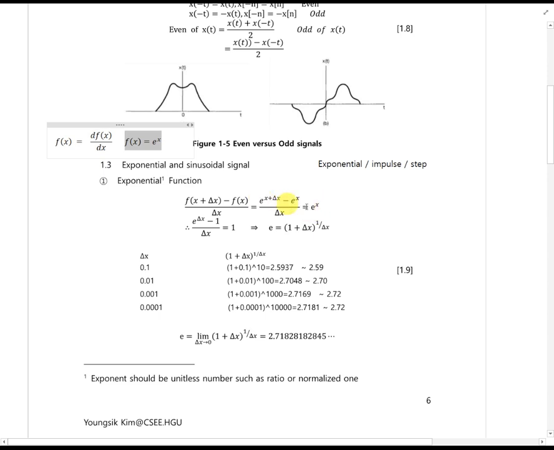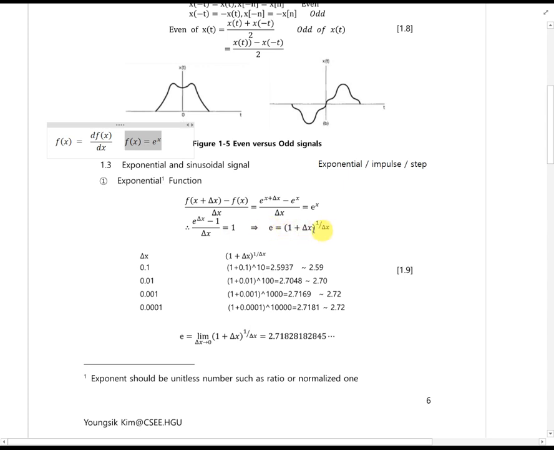Okay, so we would like to find e from here. Dividing by e to the x, this becomes 1, and this one is e to the delta x minus 1, divided by delta x, like that. So from here we can build up the equation with respect to e. Okay, e can be expressed in that way.